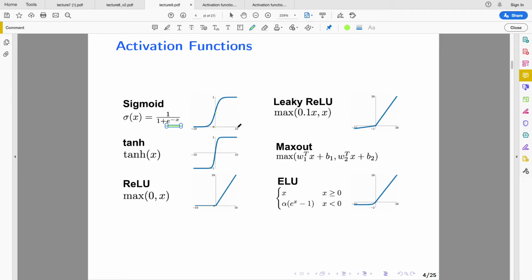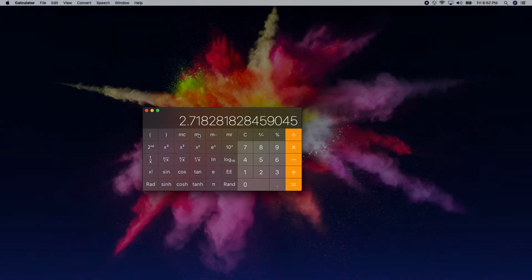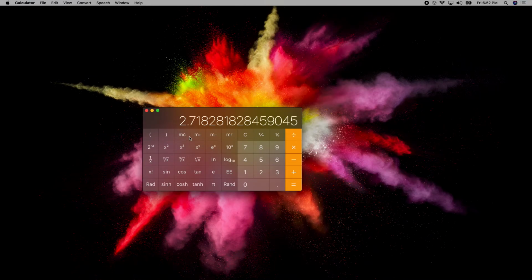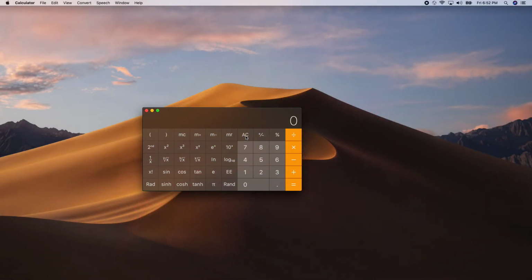Let's take here, when x is 10, using our calculator again, we take the e, it gives us this.